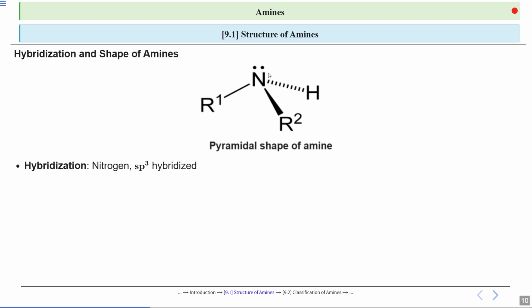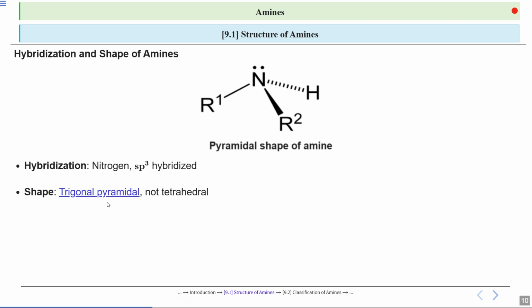So the nitrogen is sp3 hybridized. This means 1 s orbital and 3 p orbitals mix to form 4 equivalent sp3 hybrid orbitals. Next, if I talk about the shape of amines, you might think that if it is sp3 hybridized, the shape must be tetrahedral. But over here, students, the shape is not tetrahedral.